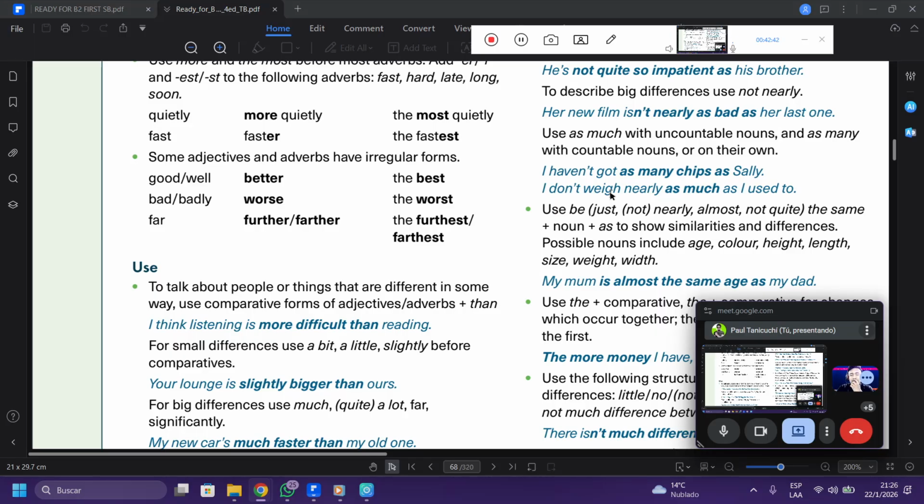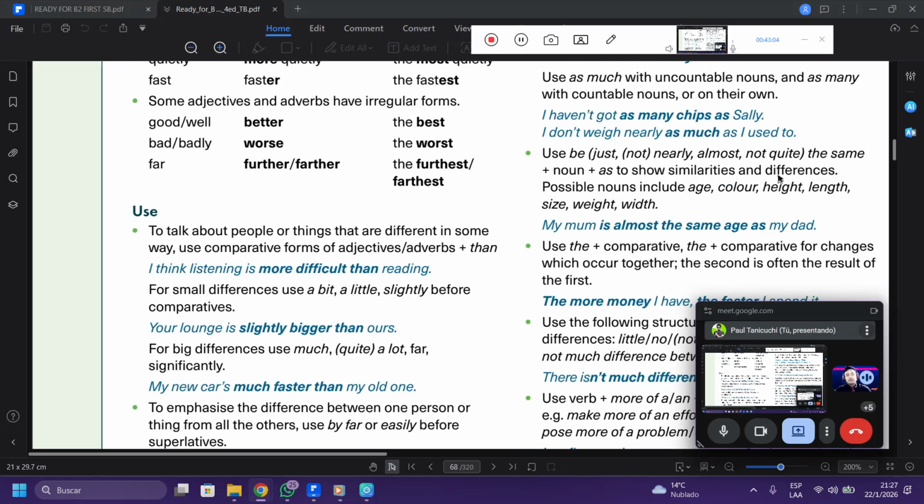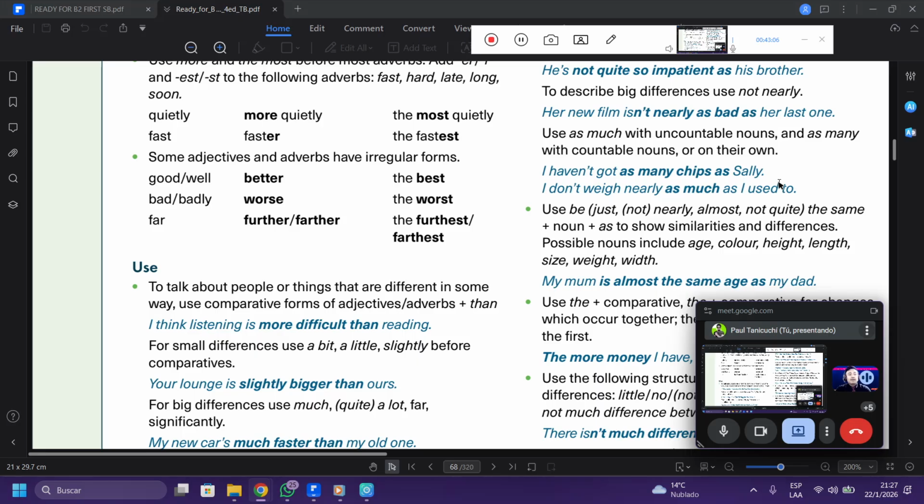Taxis are not nearly so big as buses. Taxis are not nearly as big as a bus, you can say. Or as buses, right? In general. Okay. And the next one with not nearly.